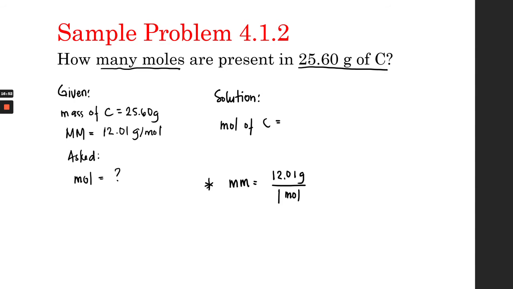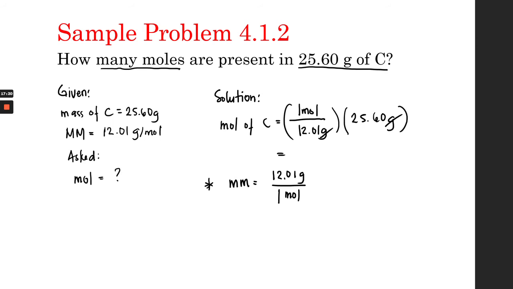So what this means is in every 1 mole of carbon, I have 12.01 grams of carbon. Since I'm looking for moles, I can invert this. That would give me 1 mole is equal to 12.01 grams of carbon. And then if I multiply that by the given grams of carbon, 25.60 grams, I can cancel the grams and I'm left with moles.